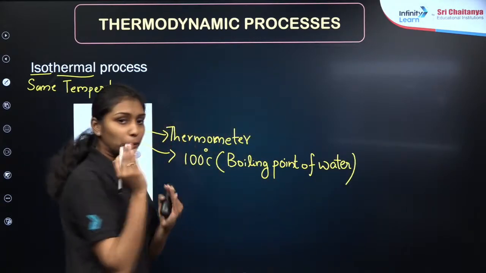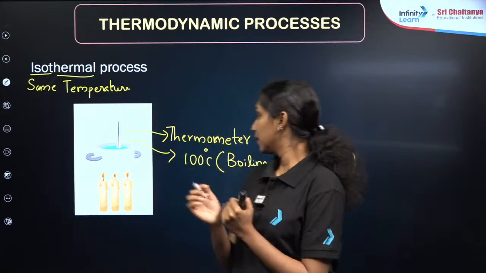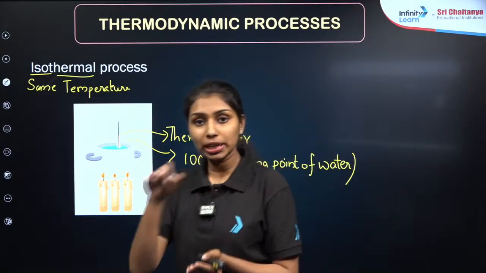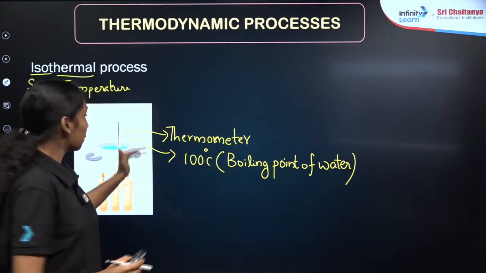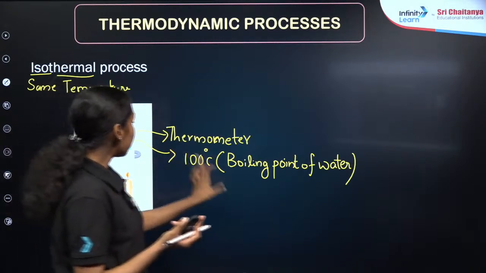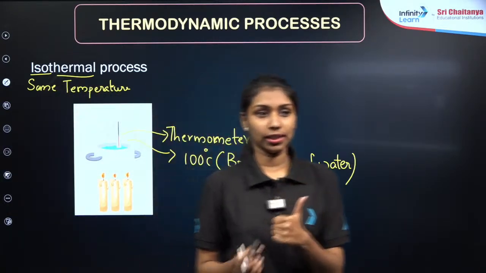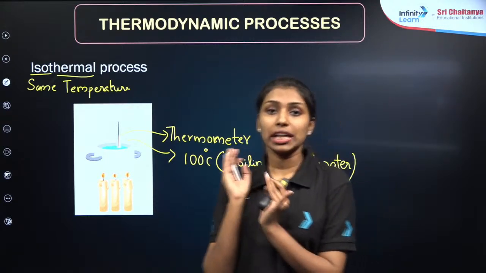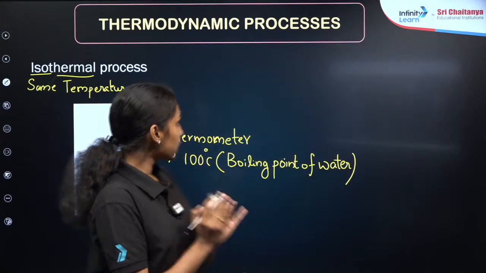So finally I confirmed that the boiling of water is an isothermal process, which means that during the boiling of water, the temperature remains constant. It is around 100 degrees Celsius, the boiling point of water. So we can say that an isothermal process is the type of thermodynamic process in which temperature remains constant.